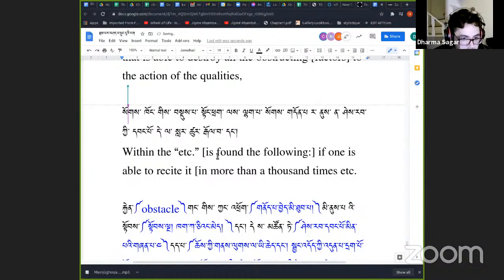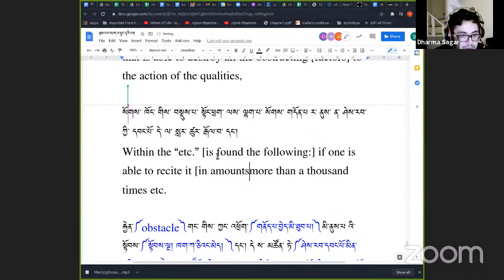Maybe if I add in amounts bigger than 1,000, and so the etc. would be in 1,000 times. Yeah, I still don't have this idea that we are multiplying, going from 1,000 to 10,000 to 100,000, etc. I don't know how to put that.